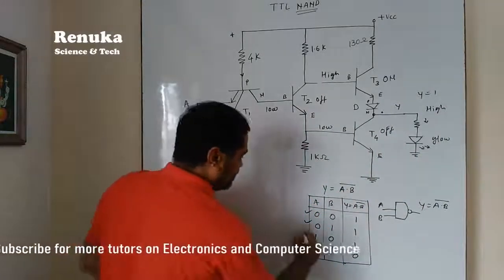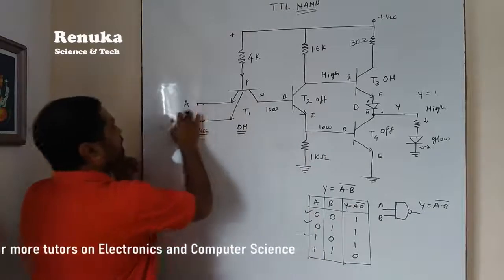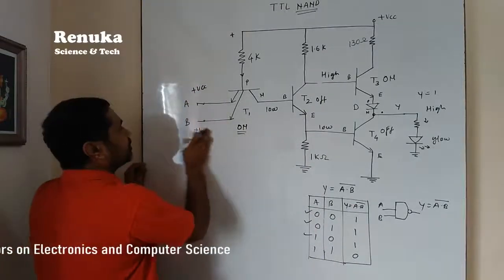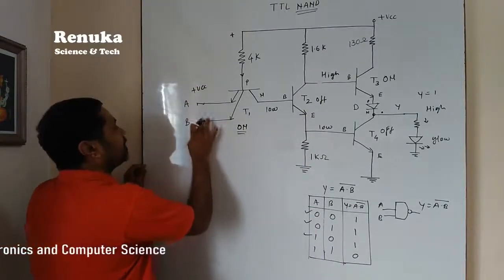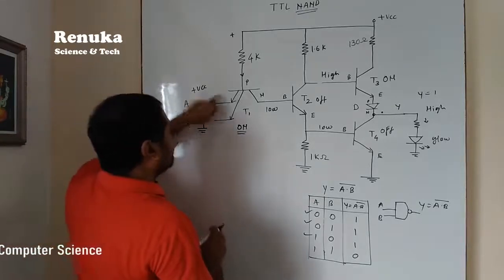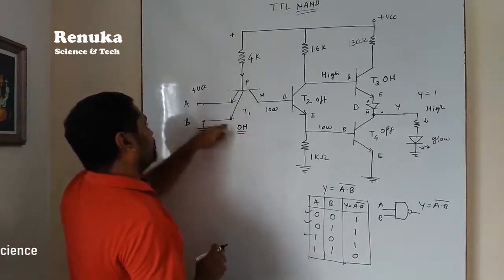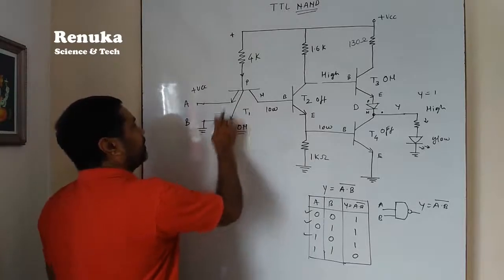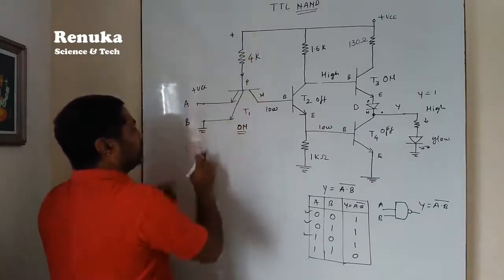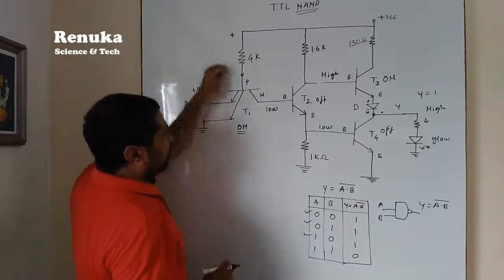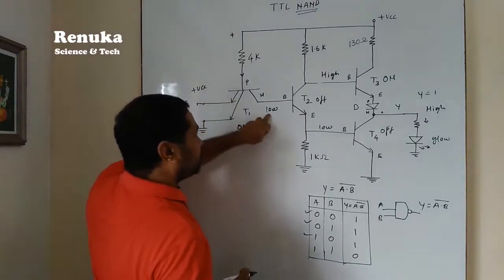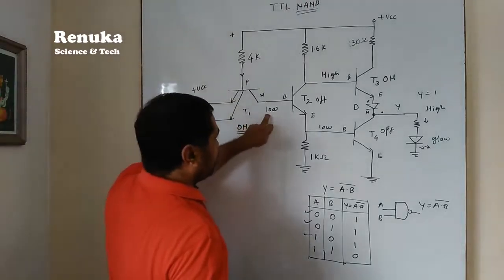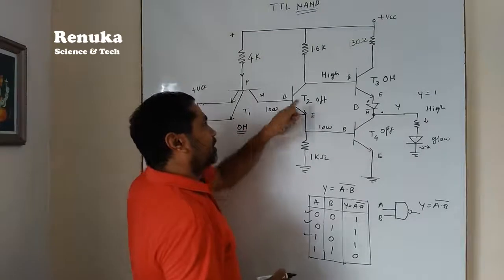Similarly, for the third condition, the A input is connected to plus VCC and the B input is connected to ground. Here again, one of the diodes between base and emitter is now forward biased. If it is forward biased, still all the current will flow towards the ground. So there is no current towards the collector, the output will be low, and this low is connected to transistor T2, which will still be off.